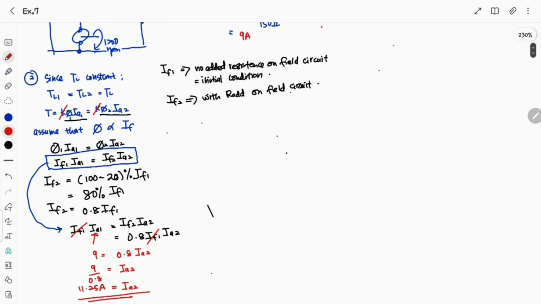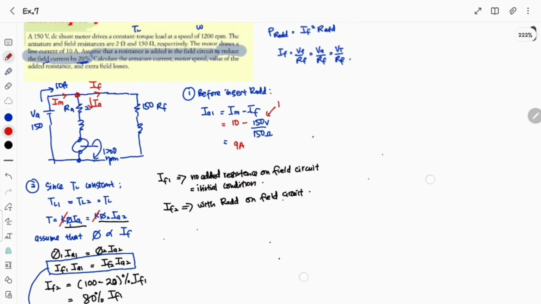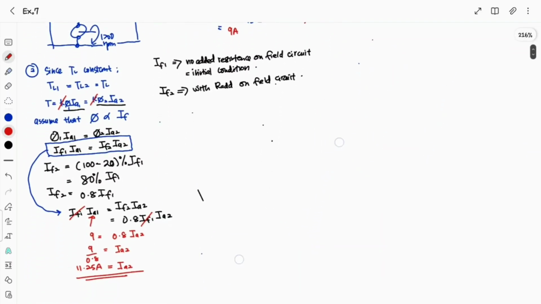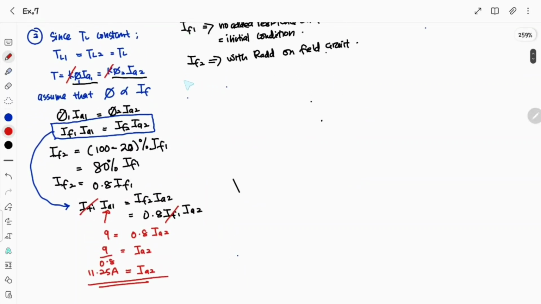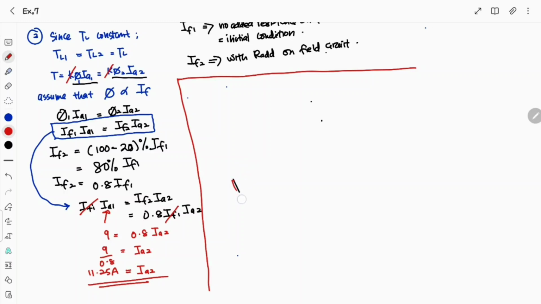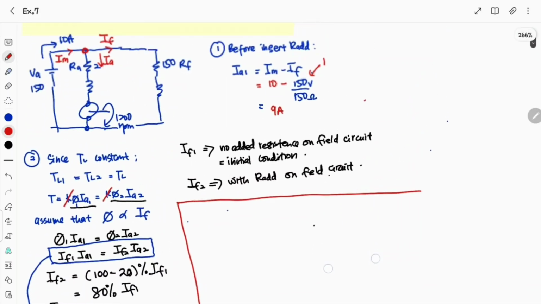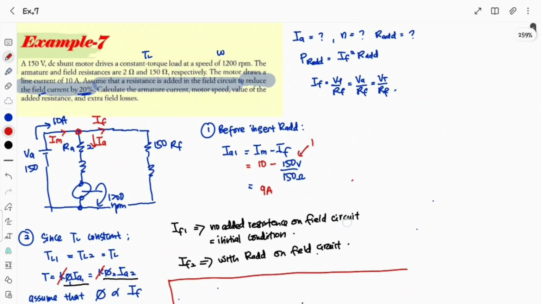Okay, now let's move forward. Next we need to calculate the speed, right?